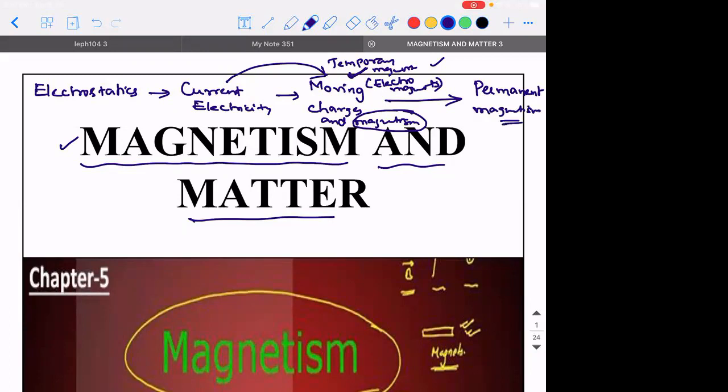That is, in our nature, there are two kinds of magnets that are existing. What are they? One is temporary magnets. So temporary magnets will solve the purpose of generating magnetism whenever we need. Let's say you're designing a magnet for a school exhibition, and when you take it to that exhibition, let's say the judge is coming.